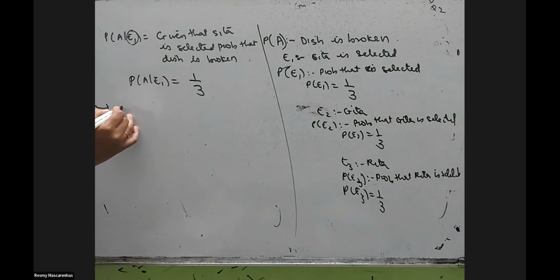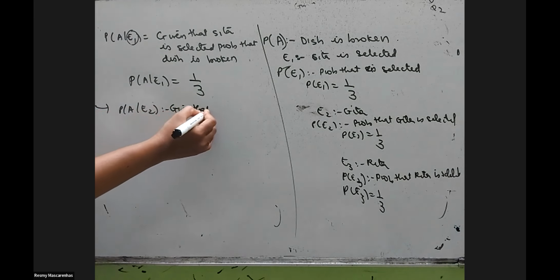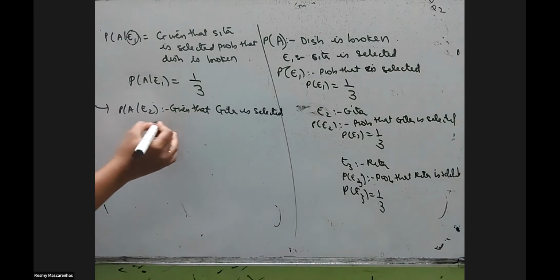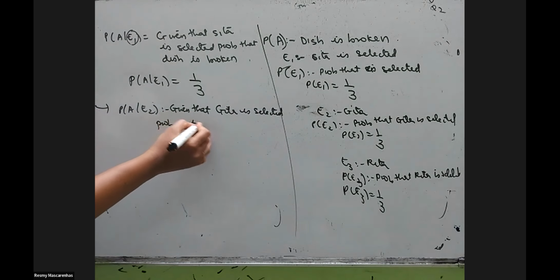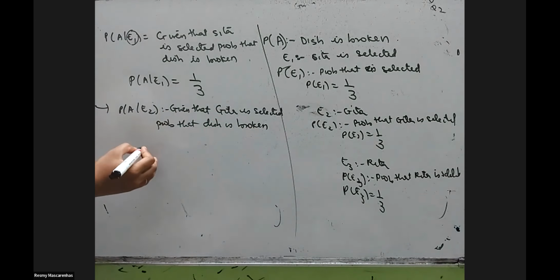Then same way, P of A upon E2: given that Geeta is selected, probability that the dish is broken, in the question it is given as 2 by 3.